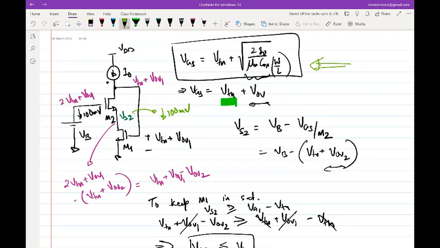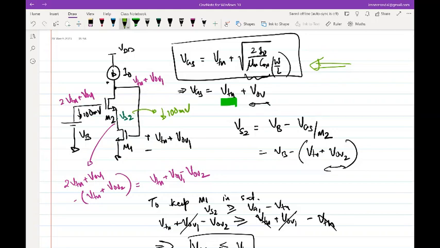If I increase the W by L of M2, I'm reducing the drop of VGS2, which means I can now afford to reduce VB by 100 millivolt and still keep VS2 the same. So if I reduce VB by 100 millivolt and want to keep VS2 the same, what do I have to do? I have to increase the W by L of M2. This is equivalent to saying I have a fatter pipe and I have a thinner pipe, right?